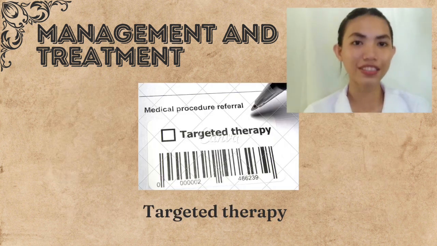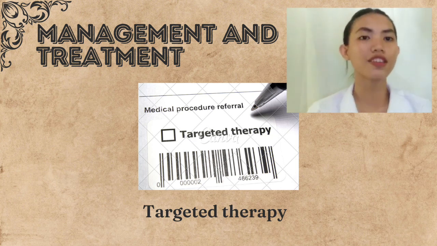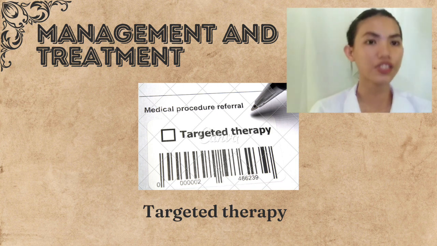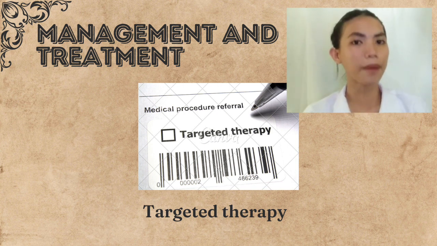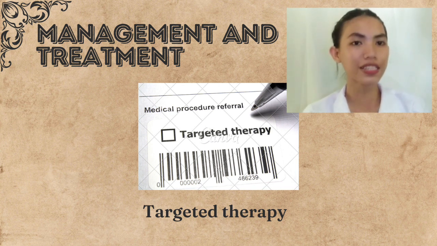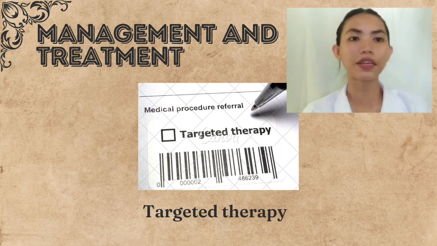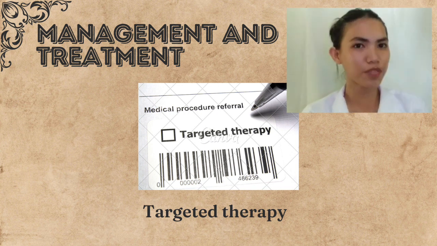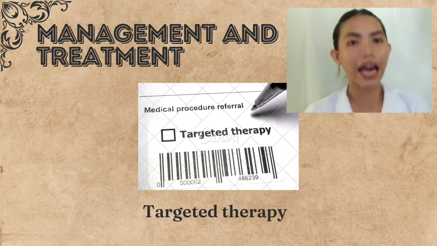Last is the targeted therapy. Targeted therapy uses medicines to attack a specific mutation or change in the tumor. For example, medicines called BRAF and MEK inhibitors target cells with mutations in the BRAF gene. This mutation is found in about half of all melanomas.